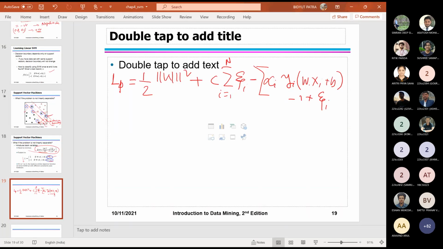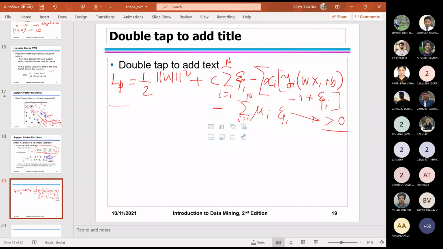Okay, so this will be from here. And then there is another term here, mu_i xi_i, because this should be a positive value. Okay, so this should be 1 to n.